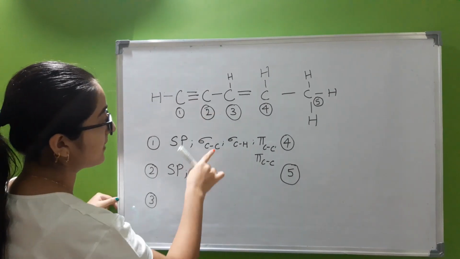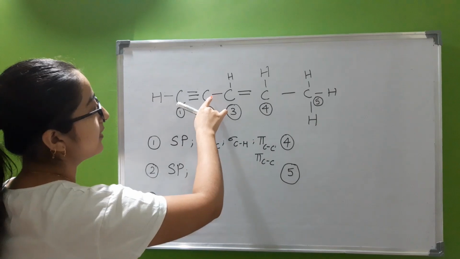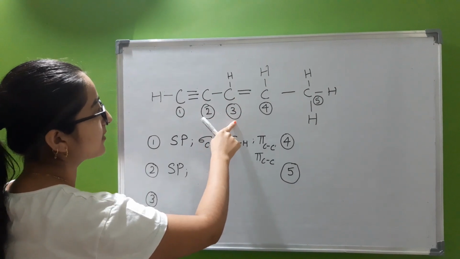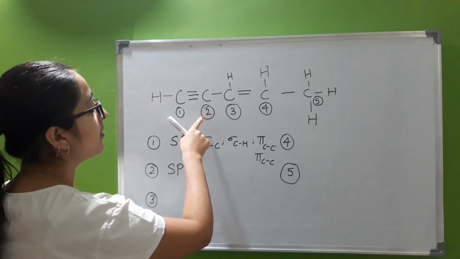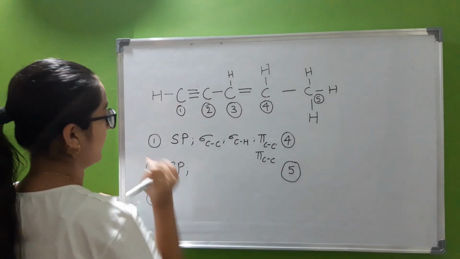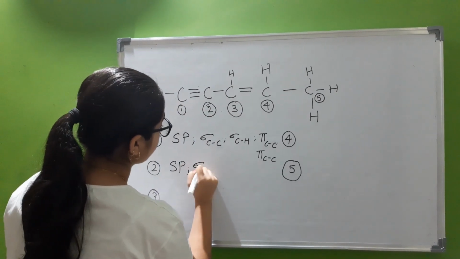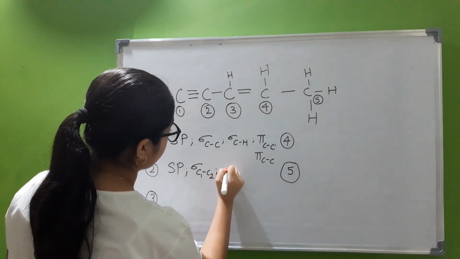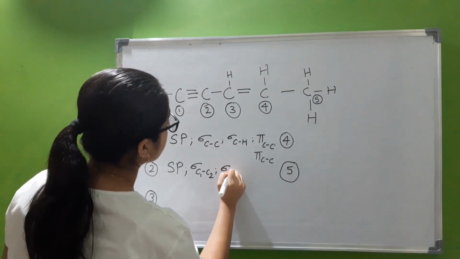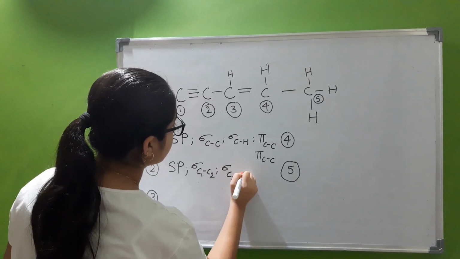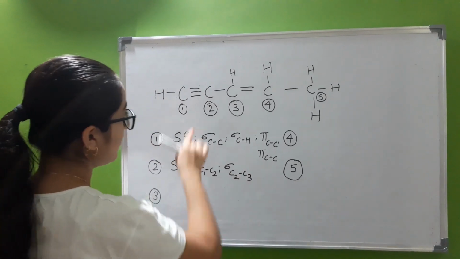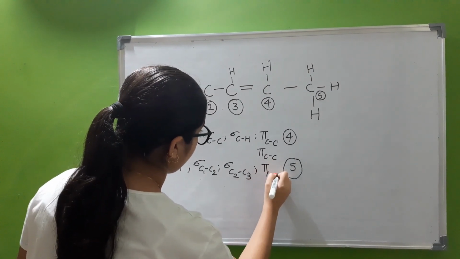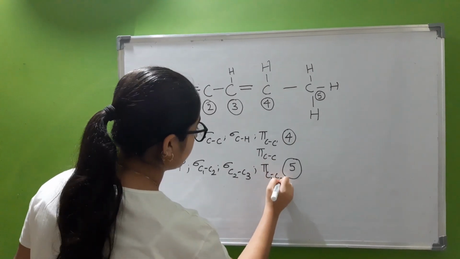The number of sigma bonds here is also 2: the one between C1 and C2, and the sigma bond between C2 and C3, and the 2 pi bonds between 1 and 2.